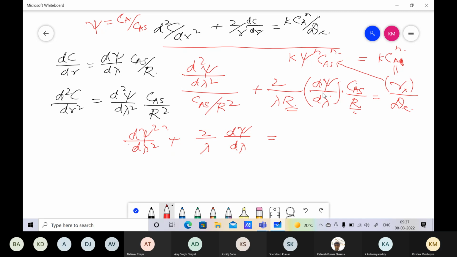Okay, so now multiply by Cas square. So what do we get? Is equal to k psi rest of n Cas rest of n into, dividing by Cas, so n minus 1, okay? Hello, n minus 1, and r square upon d comes on top.